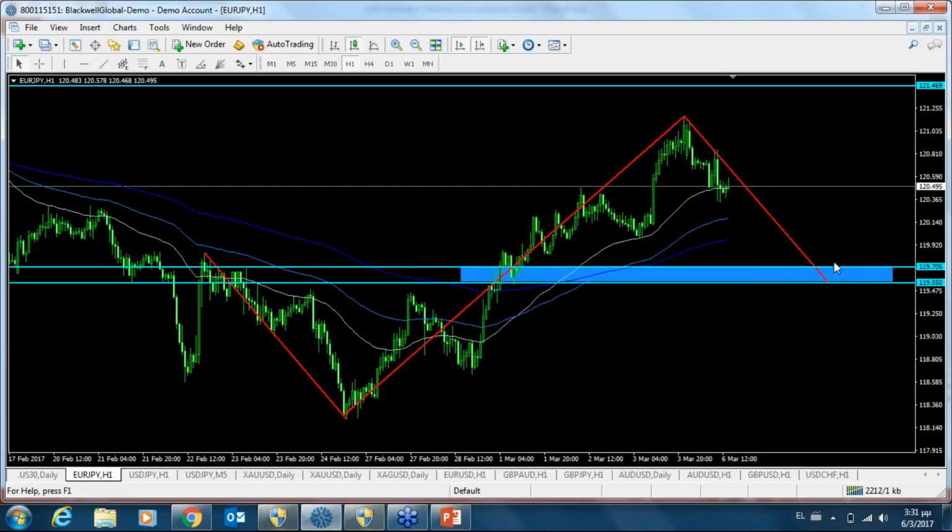At this moment, perhaps it's a little too early from a pattern perspective to trade the sell. On top of that, we've got too many risky areas laid out by these three moving averages. I hope that's clear for you guys for Euro JPY.